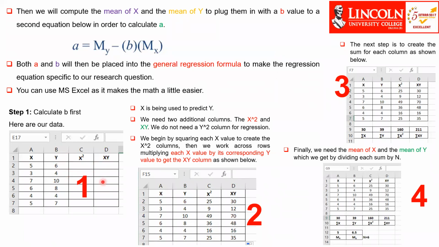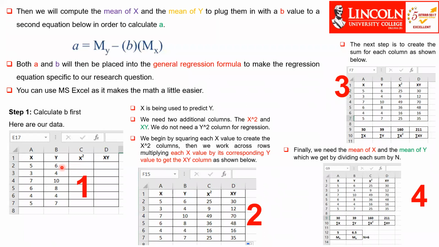So we begin by squaring each X. All you need to do is put the equality sign here, then you select this, then you put multiplication, then you select this again, then you press enter.